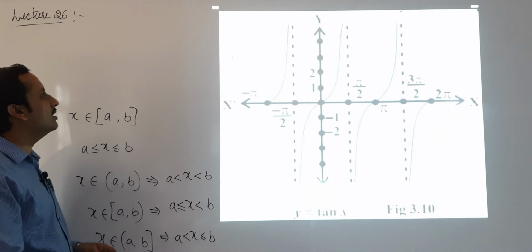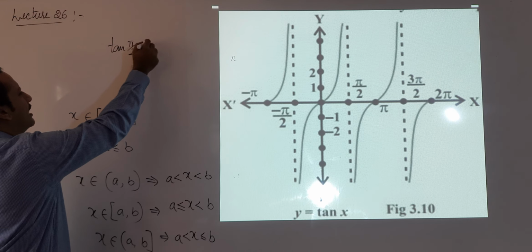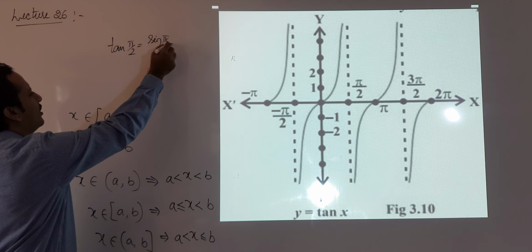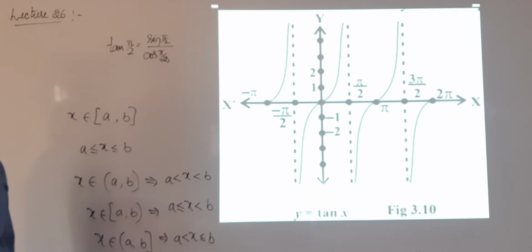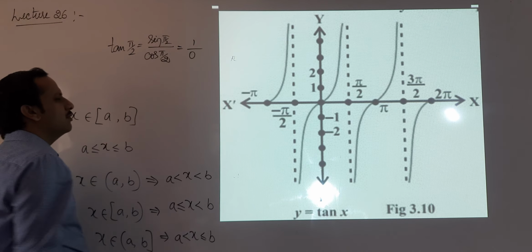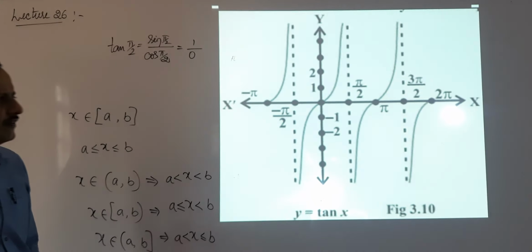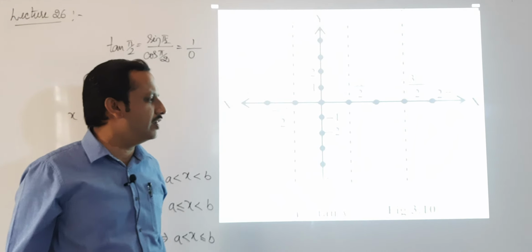Why not defined? Because I can write tan pi by 2 as sin pi by 2 divided by cos pi by 2, right? Tan x is equal to sin x by cos x. Sin pi by 2 is 1, but cos pi by 2 is 0. 1 by 0 is not defined. So at pi by 2, tan x is not defined.